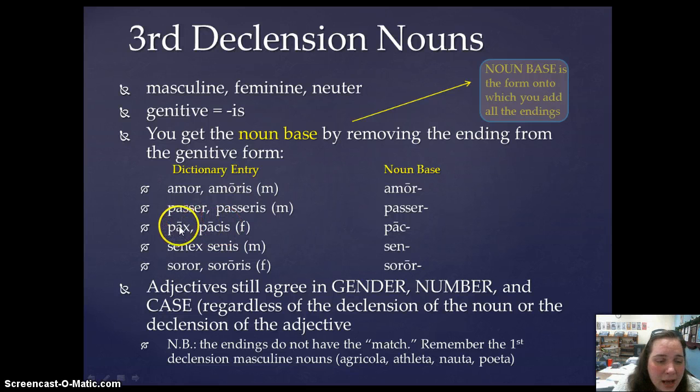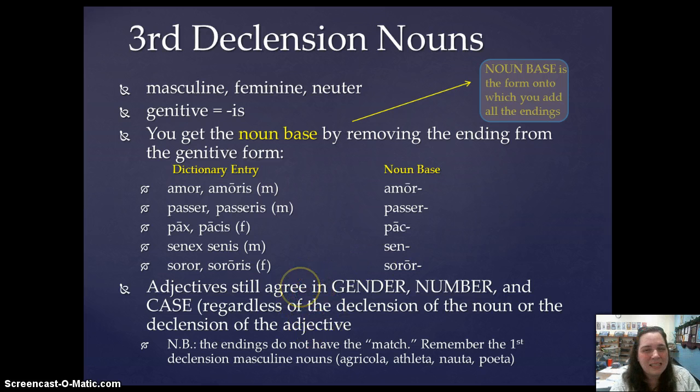So pax, pacis, peace, okay? Senex, senis, remove that is, we get sen, that's the noun base for an old man. And then soror, sororis, we take that is off and we get soror with the macron as our noun base for the word sister, okay?